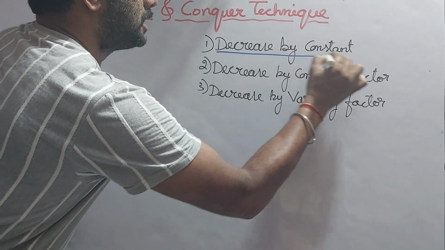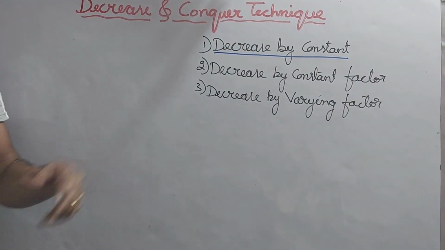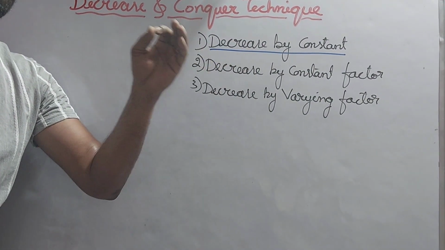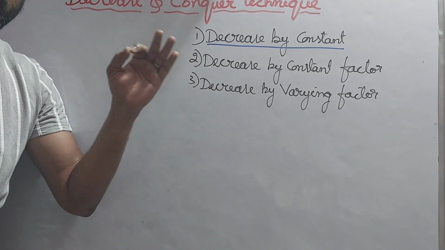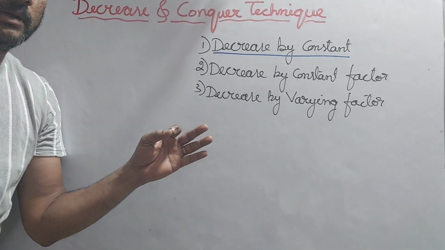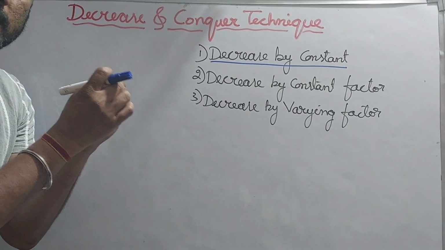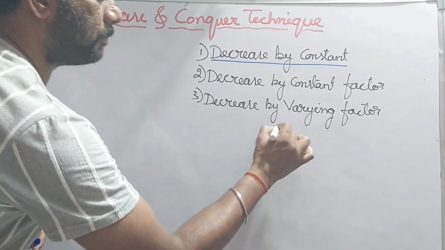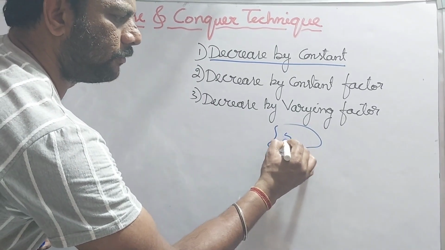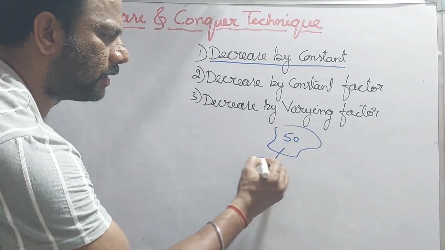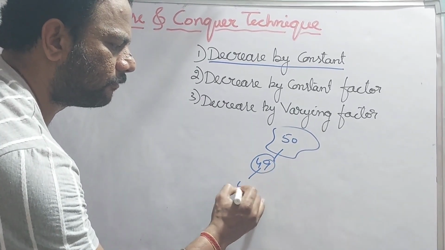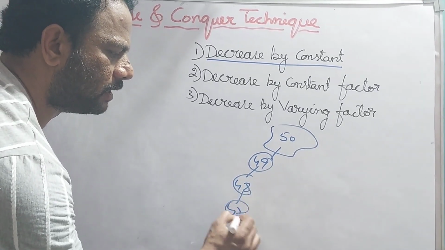Let us discuss decrease by constant first. Here it is fixed: every time we decrease the problem size by 1. Suppose the problem size is 50. Next I reduce it to 49, then 48, then 47, and it goes on.